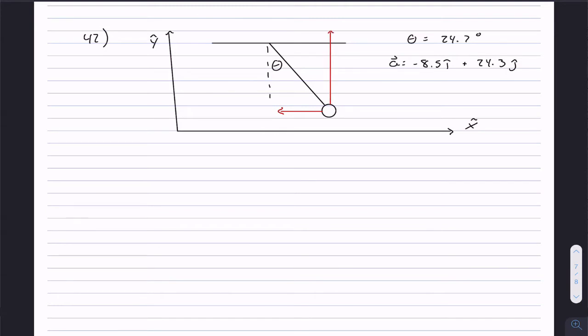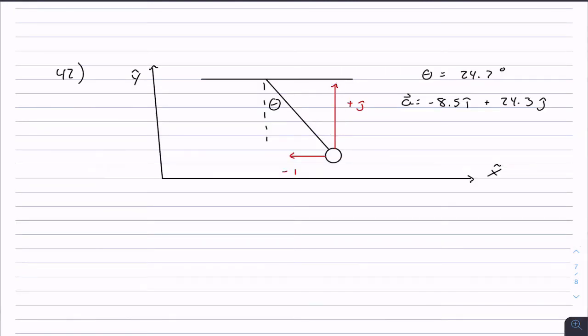About like that, I'd say. Maybe that's a little extreme. Let's do it like this. Something like that. Negative x hat direction, positive y hat direction. Okay, anyway, next part.